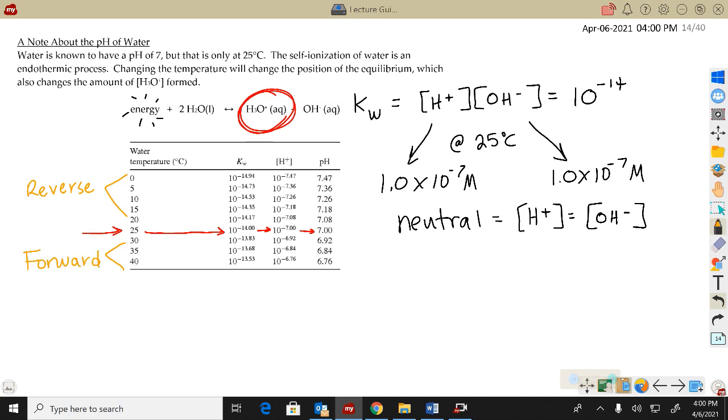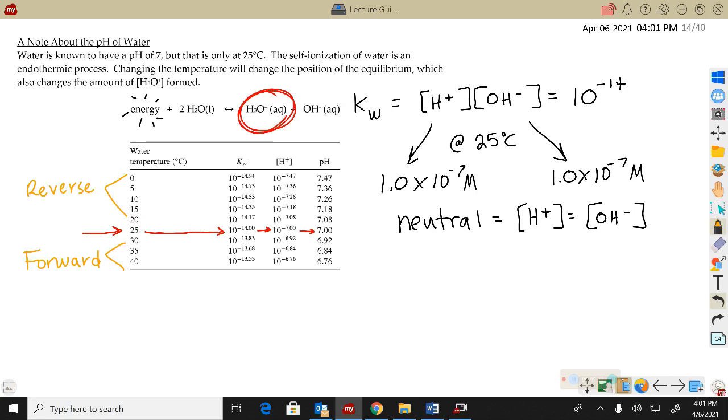In shifting forward, I'm producing more hydrogen or more hydronium. So look what happens. The concentration of hydrogen increases, because again, I have to remember that 10 to the negative 6.76 is greater than 10 to the negative 7. So here you get more hydrogen produced, and the pH is less than 7.